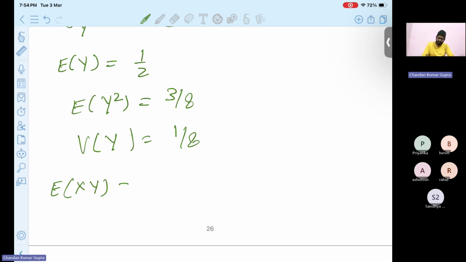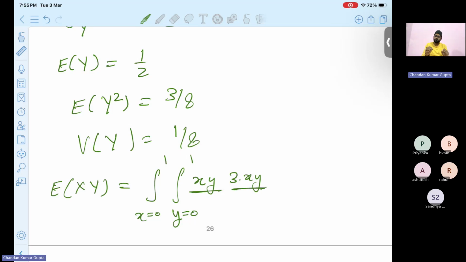The expectation of xy, since it is a product moment, is the double integral, 0 to 1 and 0 to 1, of xy into 3xy. Here xy is the variable and 3xy is our density. Since here it is y first, it's dy then dx.